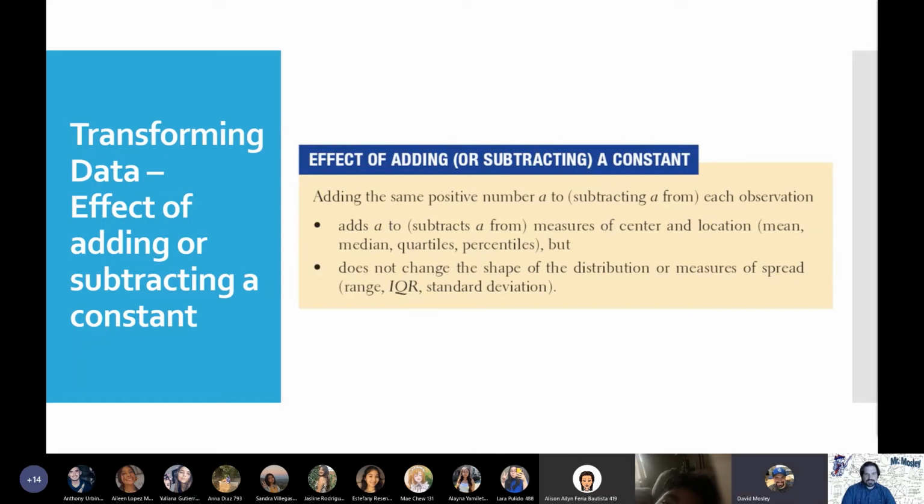So it changes measures of center and location. Right, it adds or subtracts based on what we're doing.